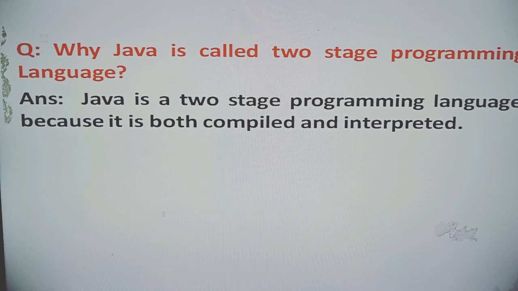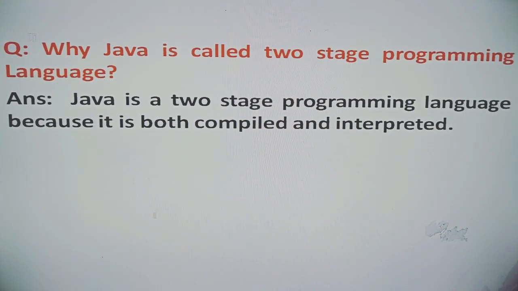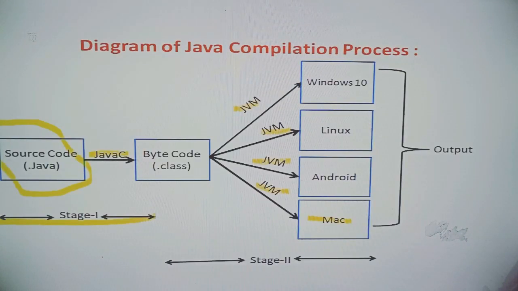You can see in this diagram, on stage 1, Java source code will be compiled and bytecode will be generated. Now on stage 2, the bytecode will be interpreted by the JVM and output will be generated. So this is the reason that Java is called a two-stage programming language.